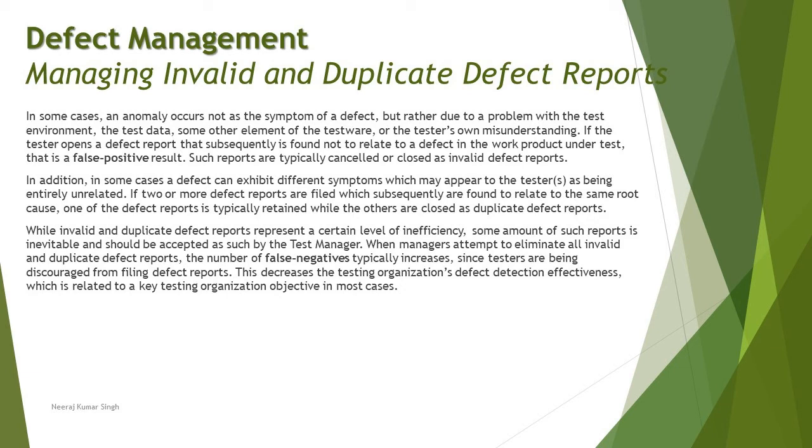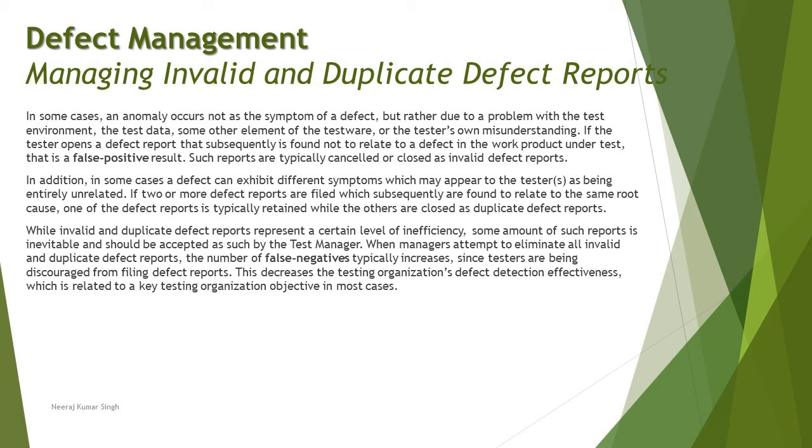That means there might be a problem, but the symptoms are not shown to you. So a defect is lying behind the screen, but you are unable to identify it. The false negative count can increase in this situation, because a lot of things are marked as invalid since I don't see a symptom of that particular defect, but that defect might actually exist. So not all invalid defects should be blindly eliminated.